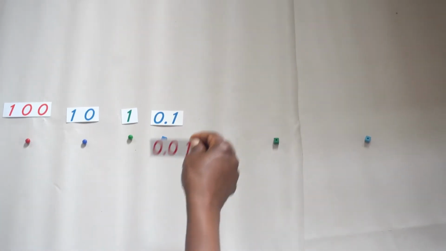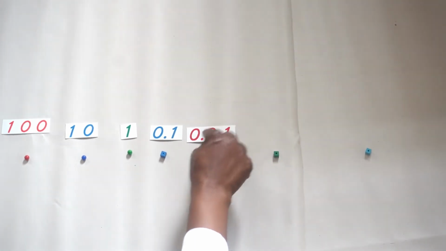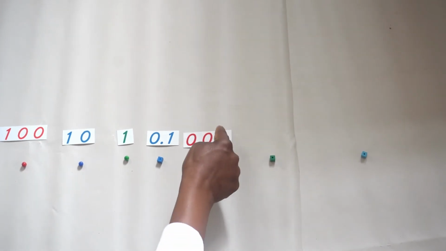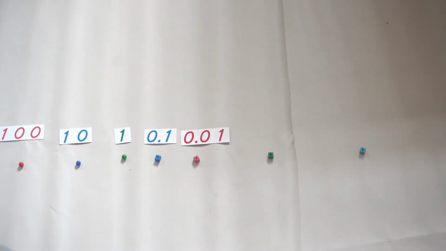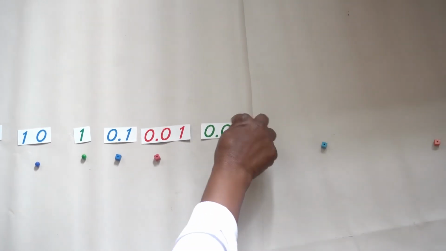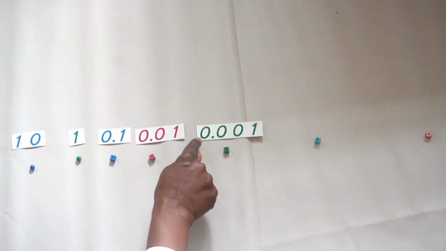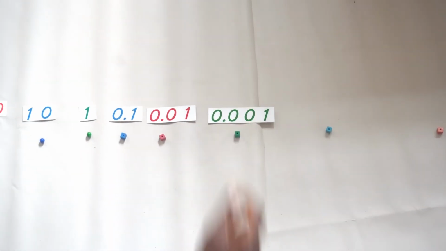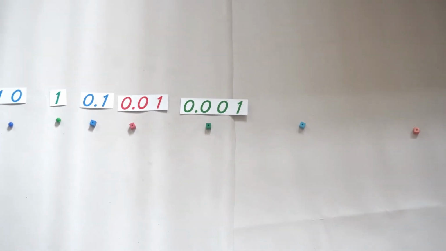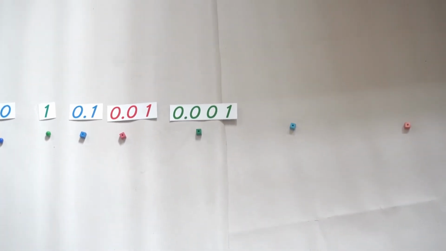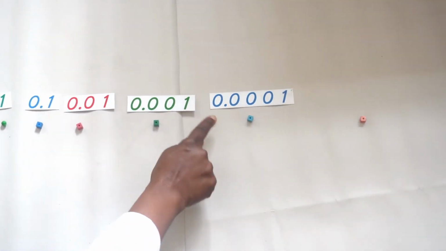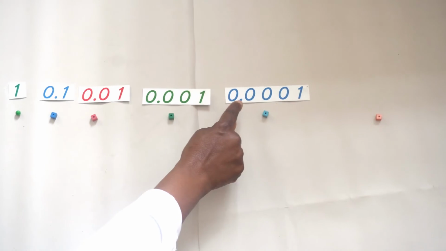Now, you can see here, this is 100th. You can see it here. The unit place is 0, the 10th place is 0, and then we have 1 in the 100th place. And here we have 1,000th. You see it here. Unit place is 0, the 10th place is 0, the 100th place is 0, and then we have the 1,000th. And here, you see here, the unit place is 0.